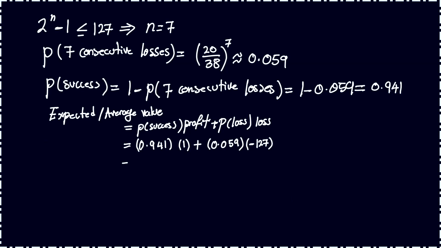Okay, and this gives you 0.941 times 1, which is 0.941. And then we have a positive times a negative number, so the product is negative, 7.493, which turns out to be a negative amount of $6.55.